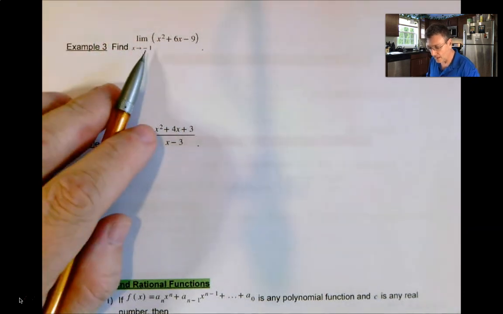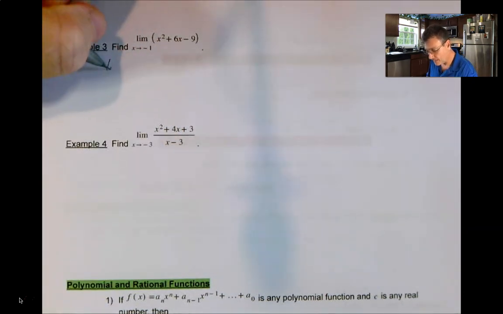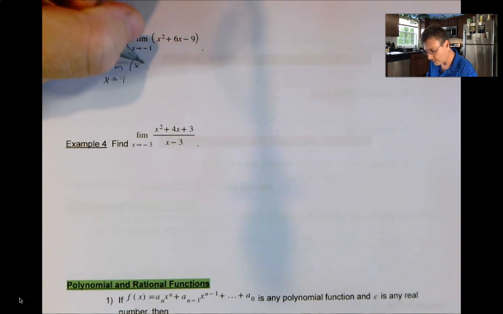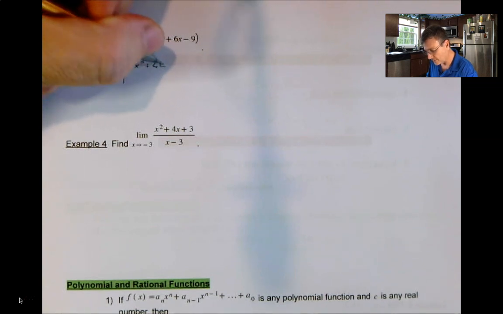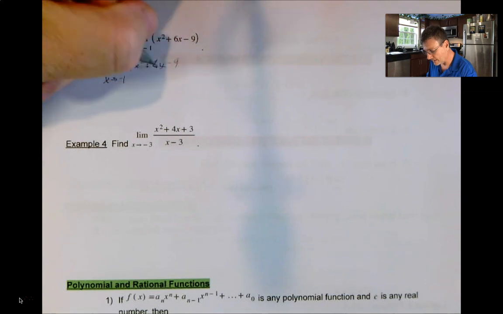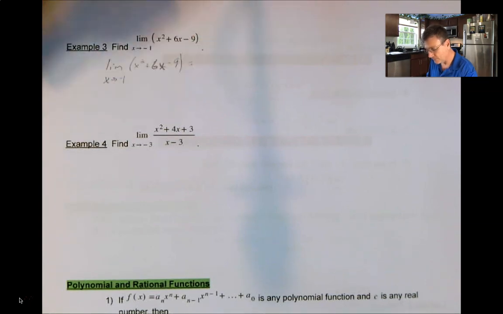So I can rewrite the limit as x approaches negative 1 of x squared plus 6x minus 9 as equals. Now, I'm only going to show you this one time to make an illustration.